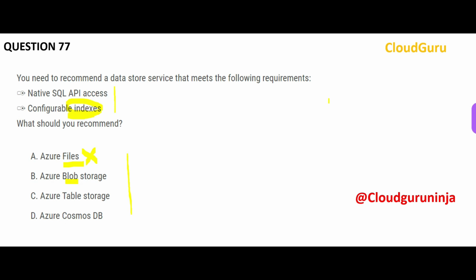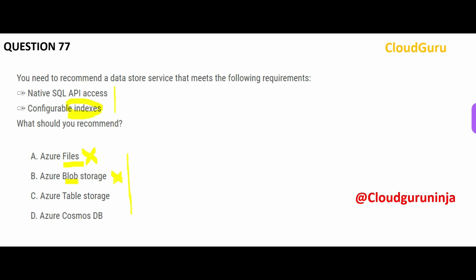When I try to answer these questions, one thumb rule I remember: anything which is an object store or file store, like Azure Files is a file store and blob storage is an object store, will not allow you to index things. It has to be a database like Cosmos DB, Synapse Analytics, and so on. So blob storage will not do that.